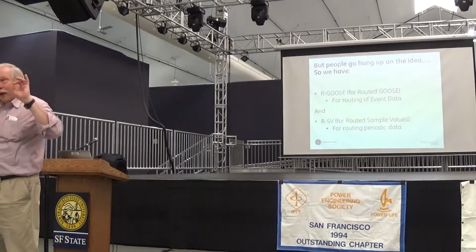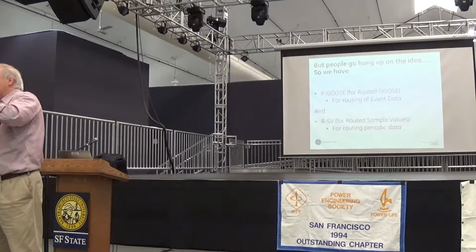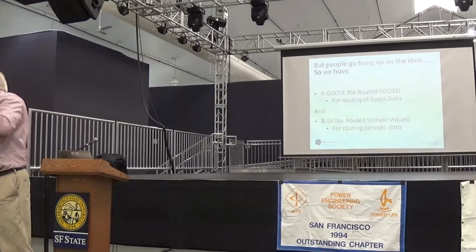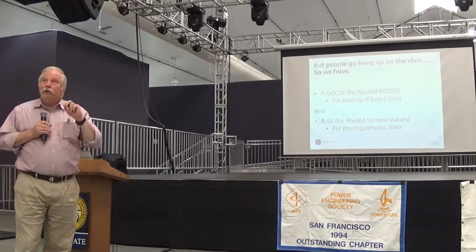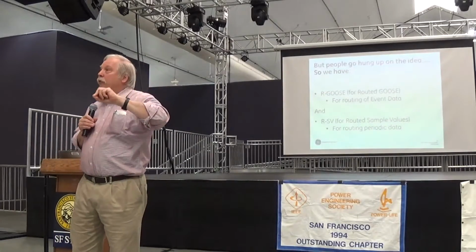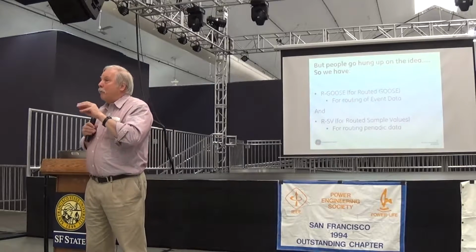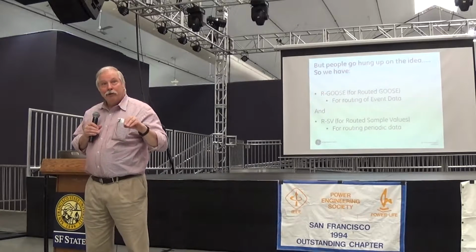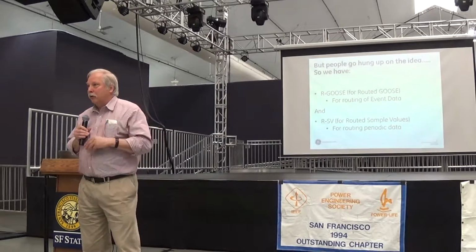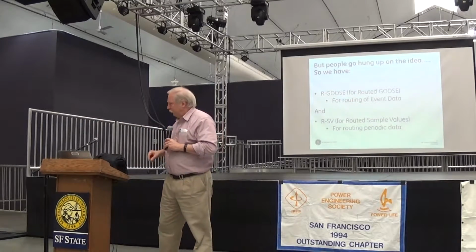When I'm taking samples on a waveform, I have a certain sample rate at which those samples are taken. When I send synchrophasors, I have a certain rate at which the synchrophasors are reported. So sample values are periodic, GOOSE messages are event-based. Clear distinction between those two message types.